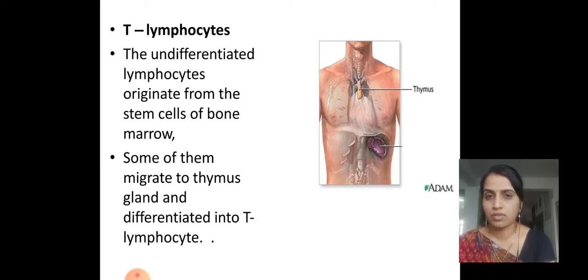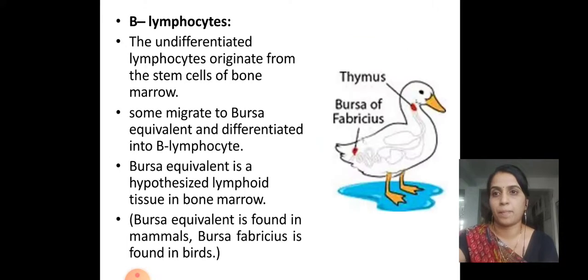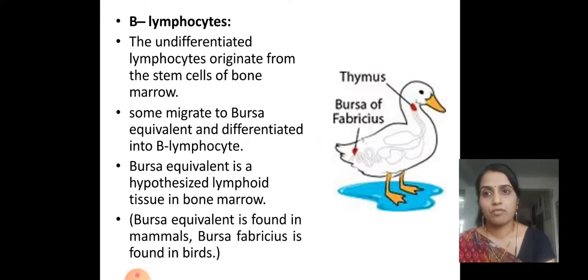After reaching there, this undifferentiated T lymphocyte cell will become mature or active. So some of them migrate to the thymus gland and differentiate into T lymphocytes, which will actually be involved in the defense mechanism. Second is B lymphocytes.